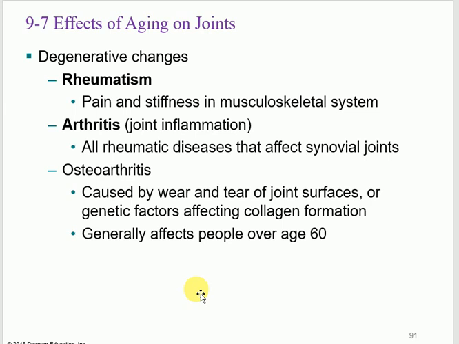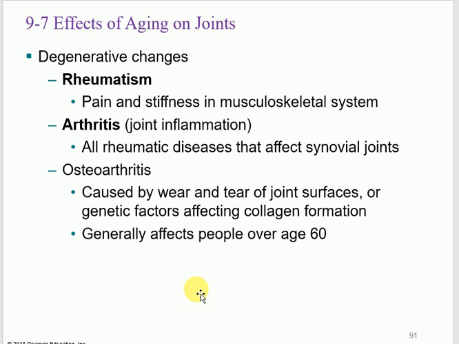Degenerative changes. Degeneration is wear and tear. When you use something a lot, especially if you are playing sports, even more especially if these sports are tough sports like football and soccer, you are more prone to the wear and tear, and you will get into these degenerative changes.